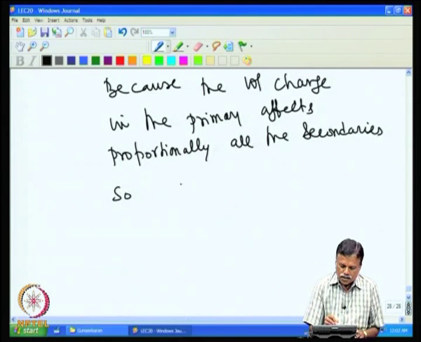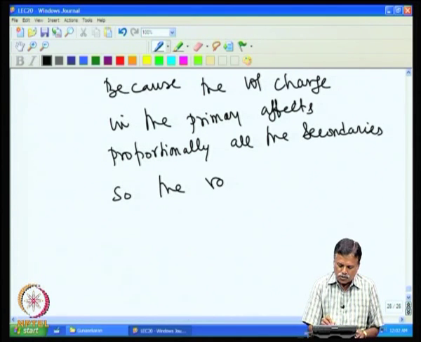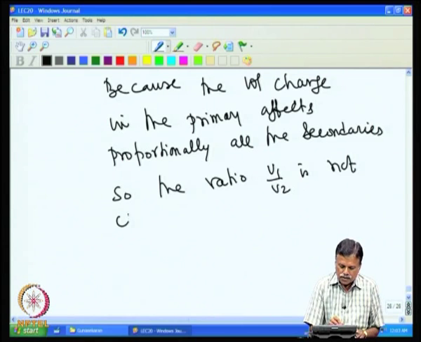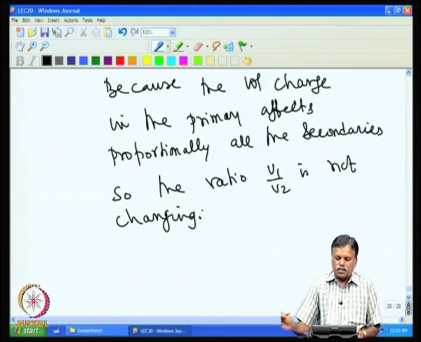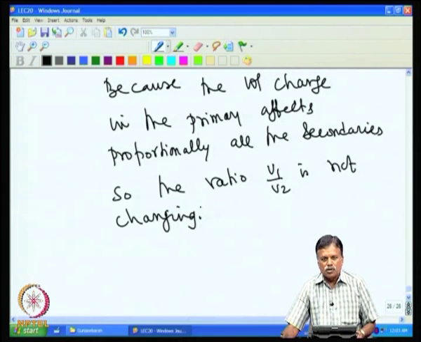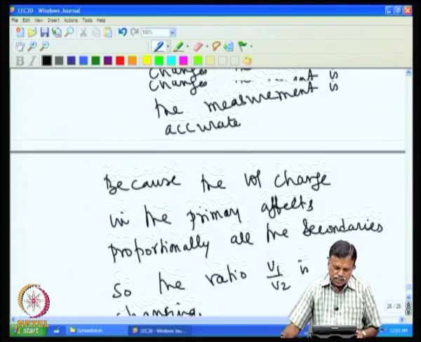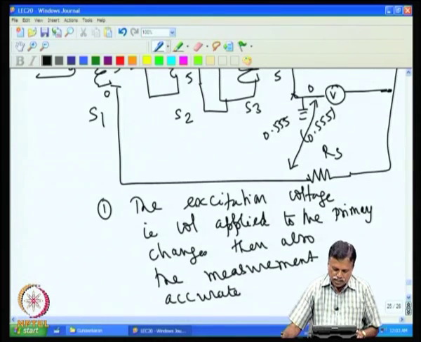So, the ratio V1 by V2 is not changing. Because of this, there is no measurement error even if the excitation voltage changes.